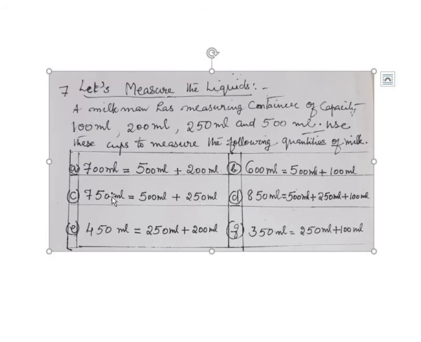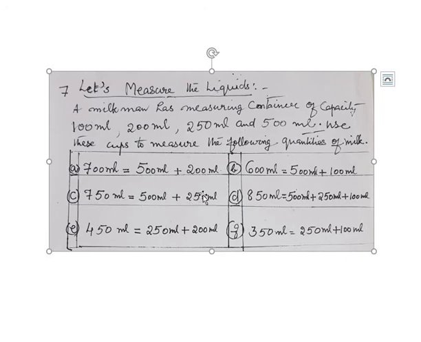Third, if he wants to measure 750 ml, how can he measure? He can take the 500 ml can plus the 250 ml can. 500 ml plus 250 ml gives 750 ml.